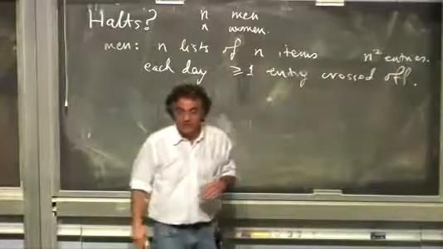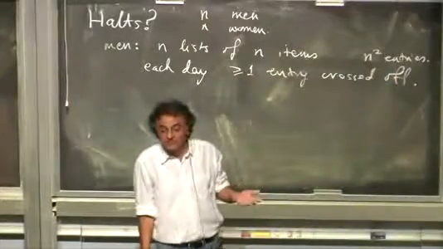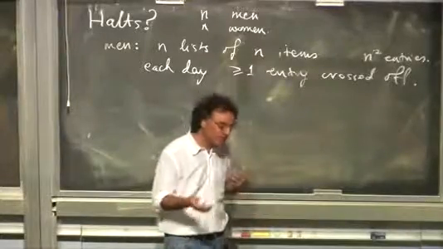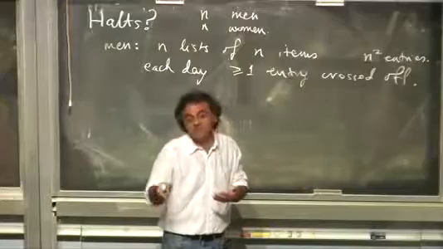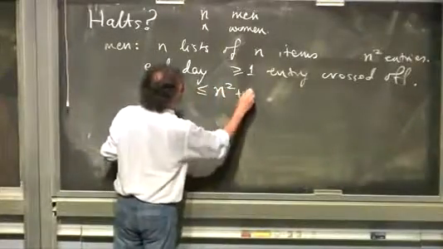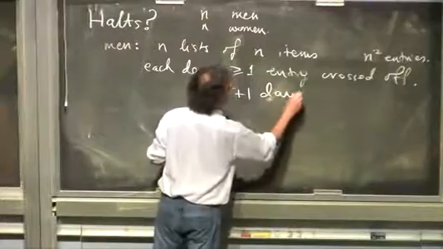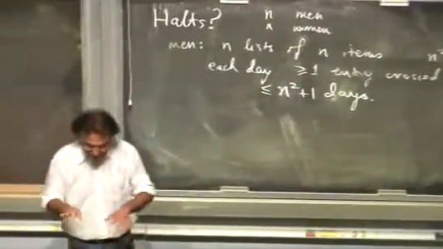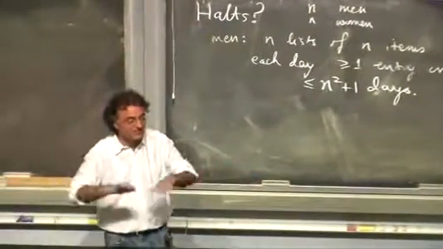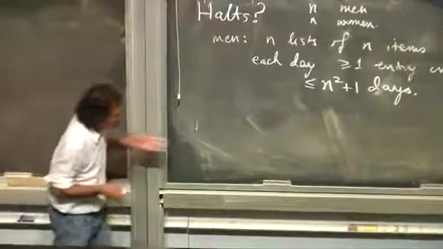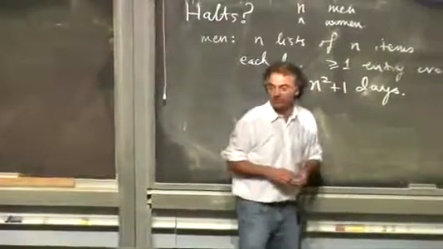So it takes n squared days before all the entries are crossed off. Do you have one extra day for the marriage? Well, let's say there is. So you have at most n squared plus 1 days: one day to come back and notice that everybody's paired up. But whatever, it's a finite number. It halts.